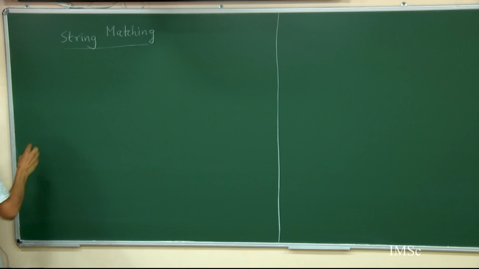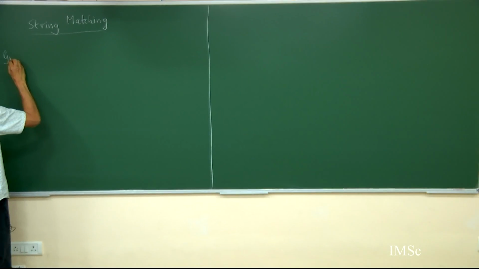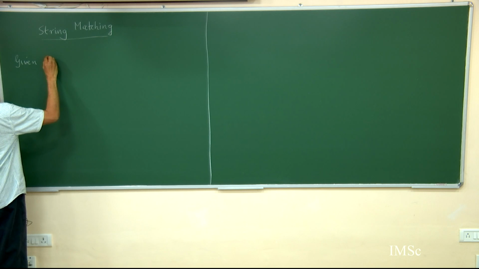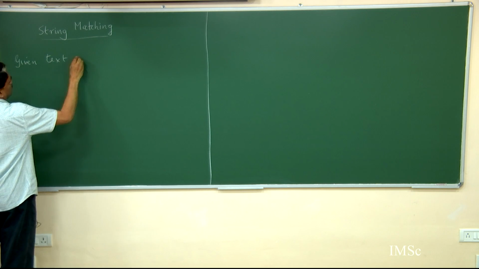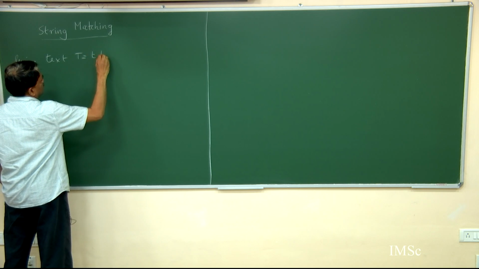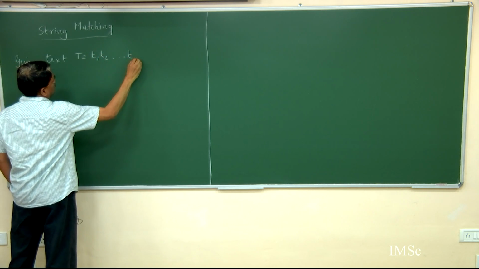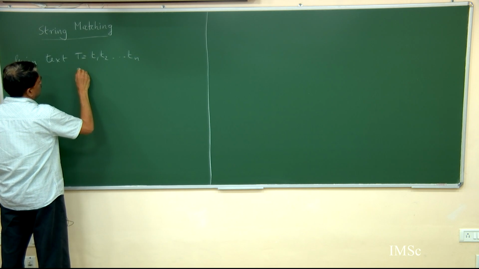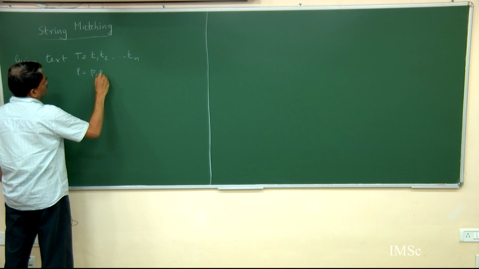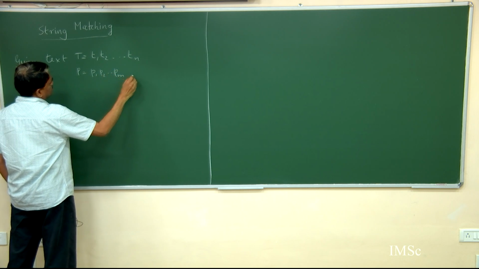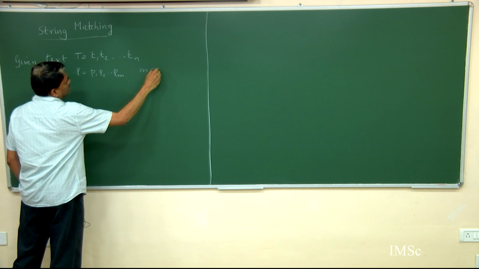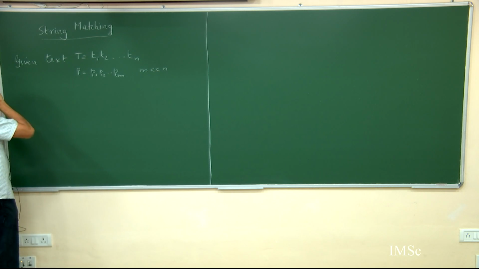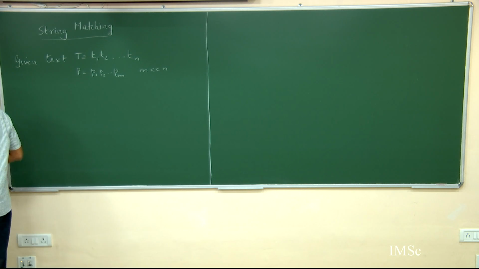So, you are given a text T and the pattern P, which is typically much less than n. You have the following kind of queries.